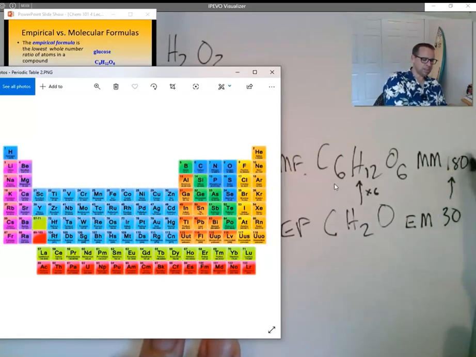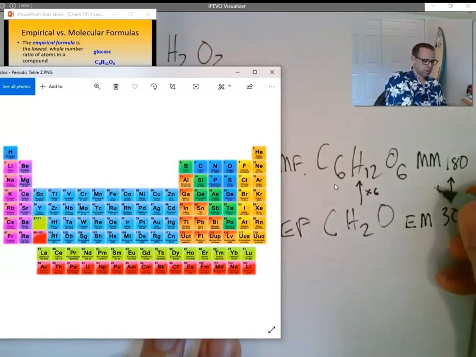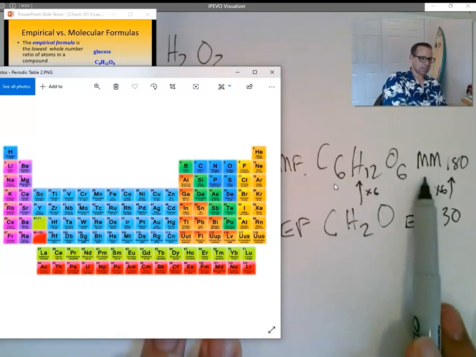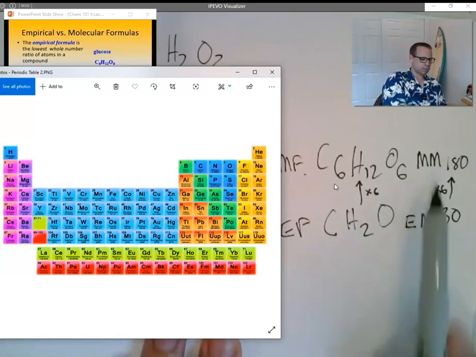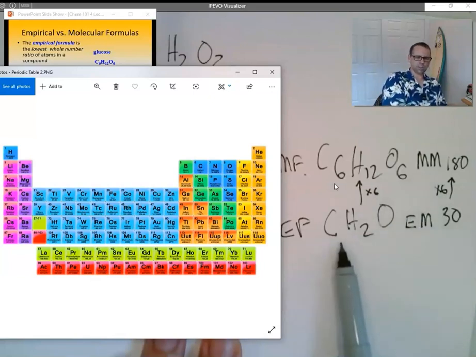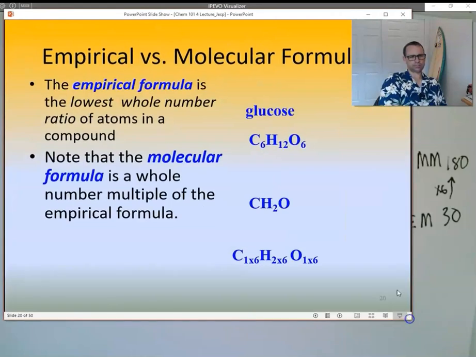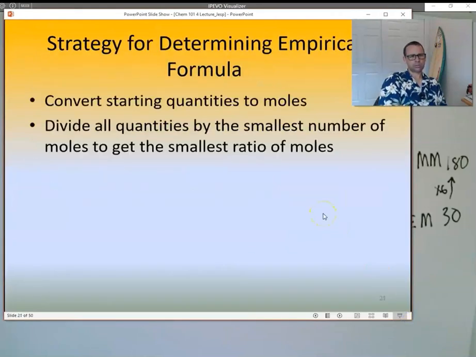If I take 30, what do I have to multiply it by to get 180? Yes, it's 6. Same thing, same relationship between those two. Okay, very good. So that's very crucial, because once we have the empirical formula and can find the empirical mass, from that we can get the molecular mass.